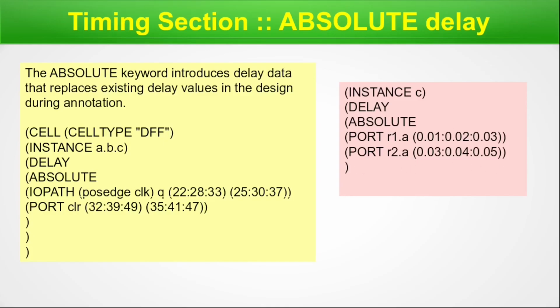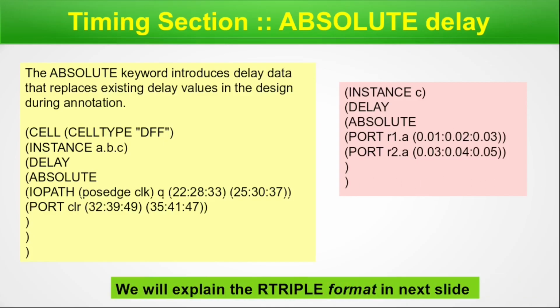So the difference is that in the left one, in the yellow box, we have from one particular pin to another particular pin, like posedge clock to Q. And here on the right hand side, we have a single particular port. We also have a port in that left hand yellow box, CLR, for which we have RTRIPLE format, but here you can see that there are only two ports. We close it. We will explain the RTRIPLE format in the next slide. So let us move on.